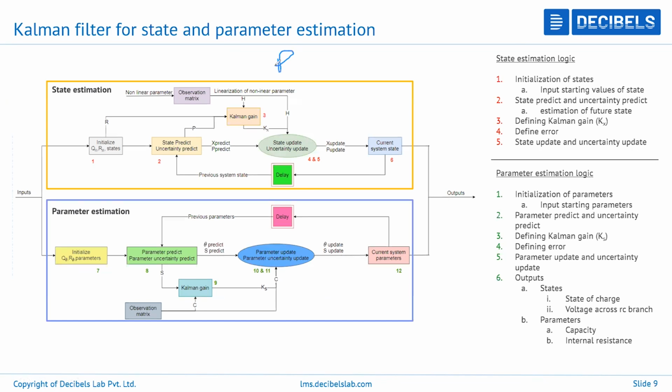One is called the dual extended Kalman filter, abbreviated as DEKF. Then you can also call it SPKF, sigma point Kalman filter. You can even find it as an adaptive Kalman filter. These are all just slightly different variants of the existing Kalman filter or extended Kalman filter, just in different formats.